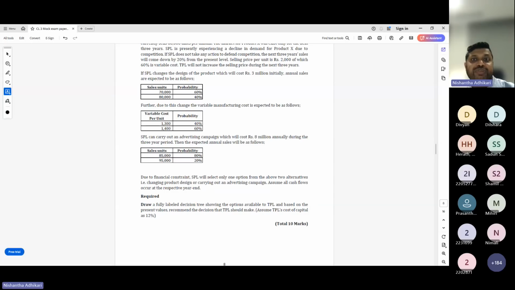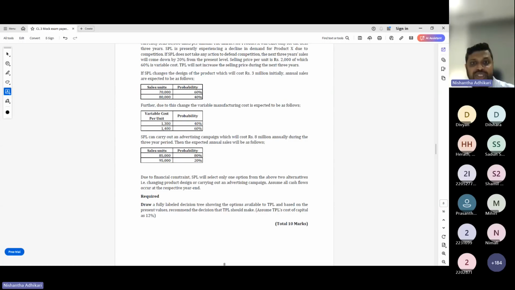Then the expected annual sales will be 85,000 with 80% probability, 95,000 with 20% probability. Due to financial constraints, SPL will select only one option from the above two alternatives, that is changing the product design or carrying out an advertising campaign. There are two alternatives we need to evaluate. Assume all cash flows occur at the respective year end.